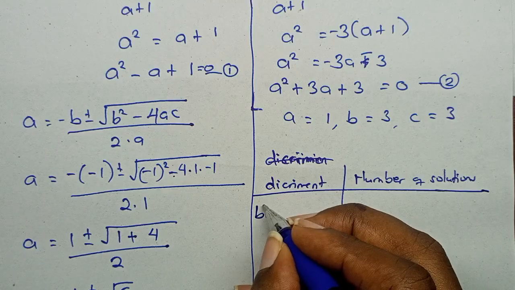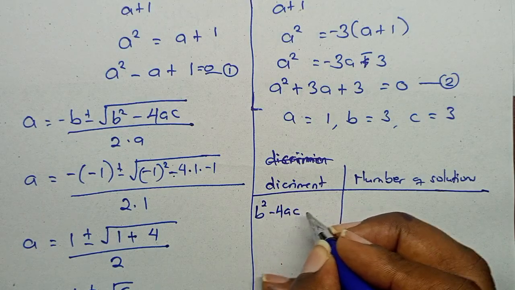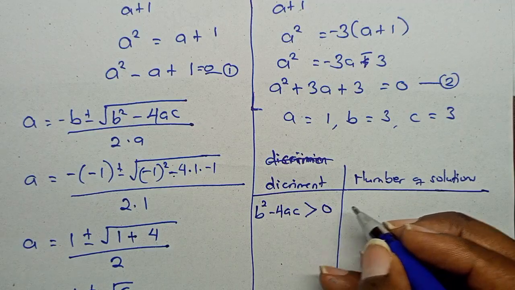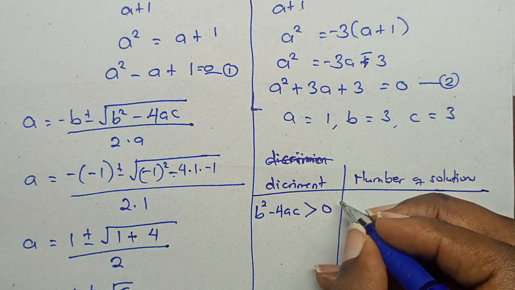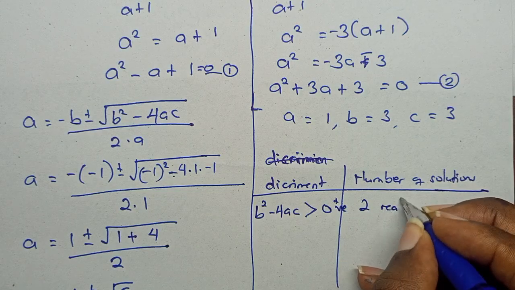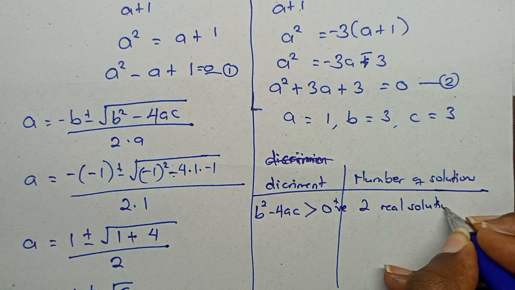So if you have b squared minus 4ac greater than 0, then that means you'll get a positive here and you get two real solutions.